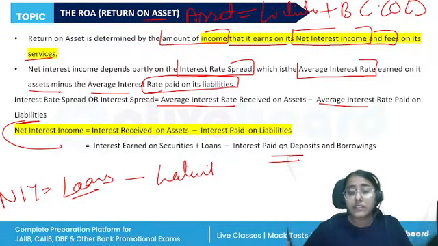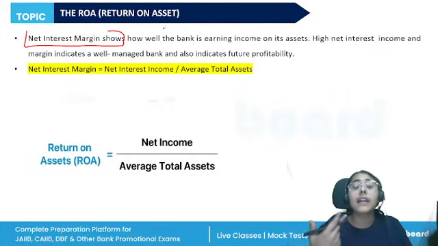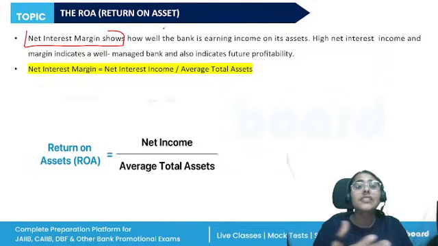Then another measure that we need to calculate the return on assets is the net interest margin. Now, questions can come in numerical form, but they can come in MCQ format as well. What does the net interest margin of a bank show? And you will be given four options. So you should know the definition as well.